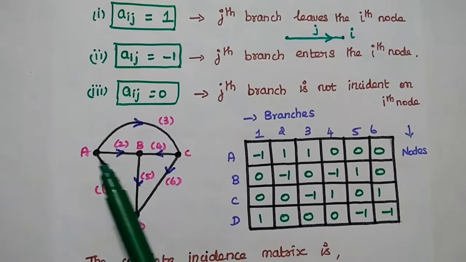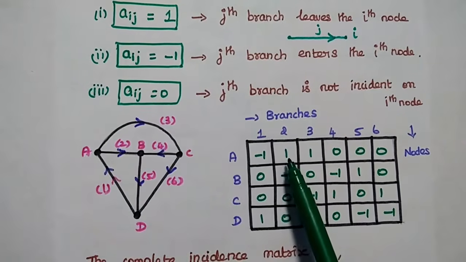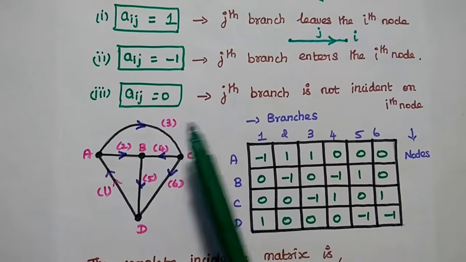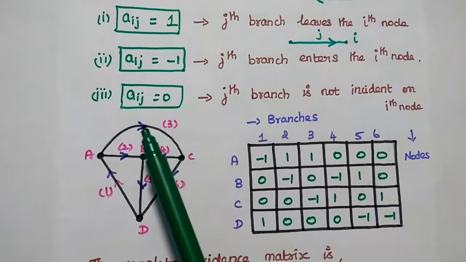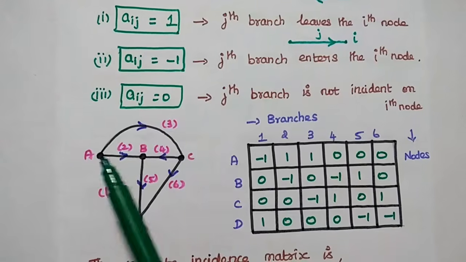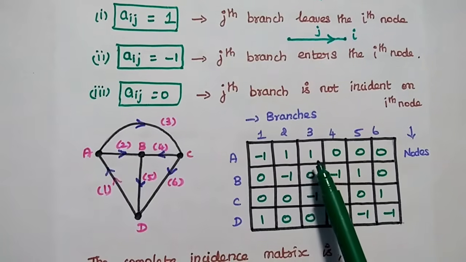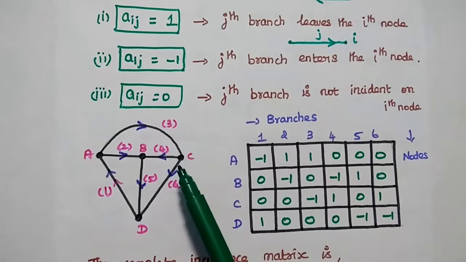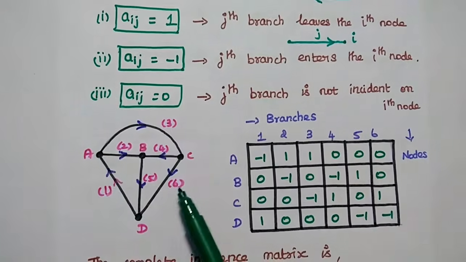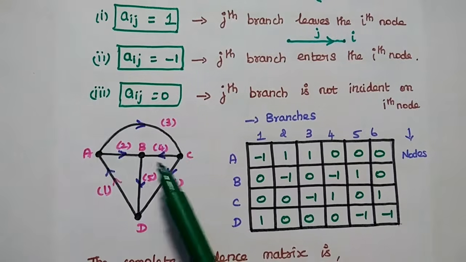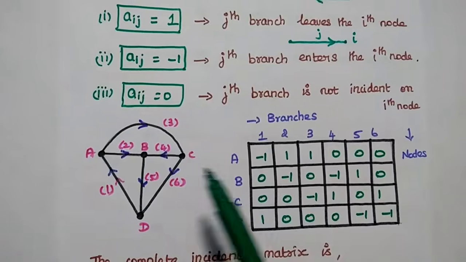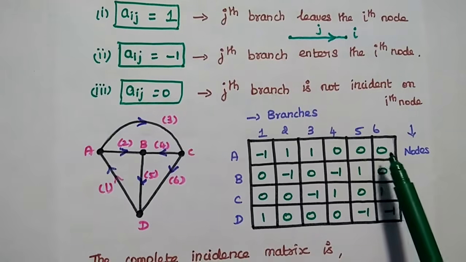It is moving away from this node. So we can put that value as plus 1. Similarly, we can take this third branch which is leaving from this A node. So we can say its value is plus 1. The remaining branches 4, 5, 6, these 3 are not having any connection with this A node. We can simply put 0, 0, 0.